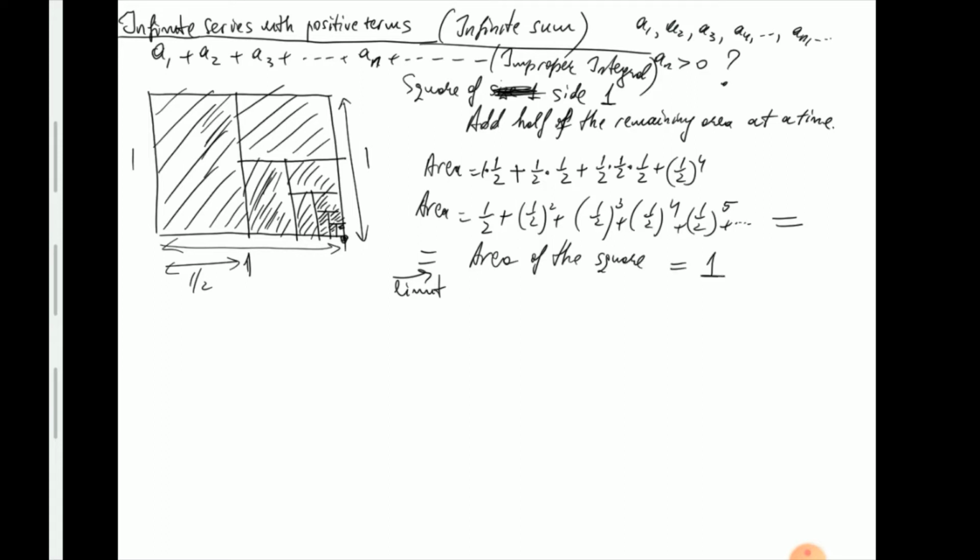What I mean is that you add infinitely many positive quantities, yet you don't get outside of the square. In fact, in the limit, you fill in the square. So you find the area of the square, which has got to be 1, because we know it's 1 times 1.